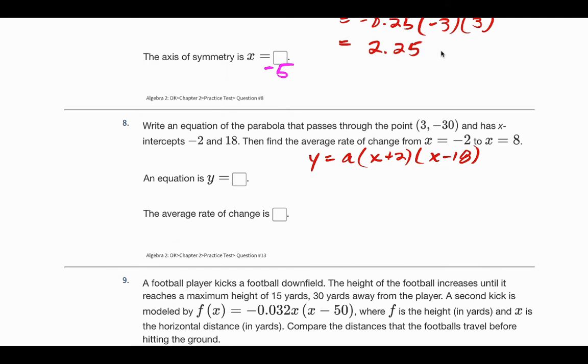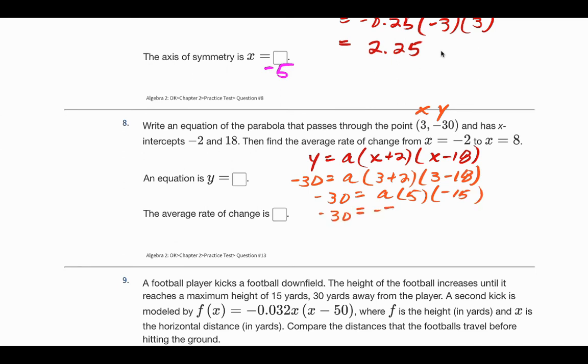All right? So again, then we're going to take our x value and our y value, and we're going to state that negative 30 is equal to a times 3 plus 2, and then 3 minus 18. So again, negative 30 is equal to a times 5 times negative 15. Negative 15 times 5 is negative 75.